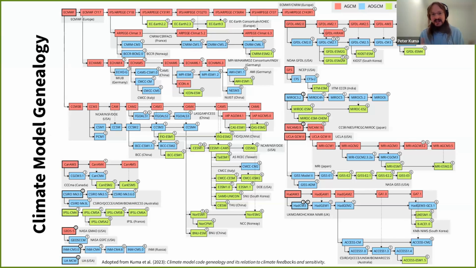It usually takes several decades to develop a climate model, and that's why it's not usually started from scratch, but it's evolved. So if some new research center wants to develop a climate model, they usually take the code from someone else and start developing those processes or components that are interesting to them.